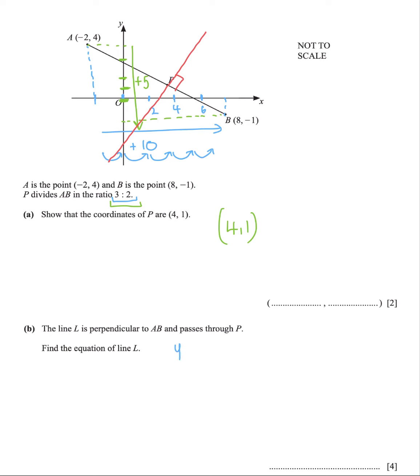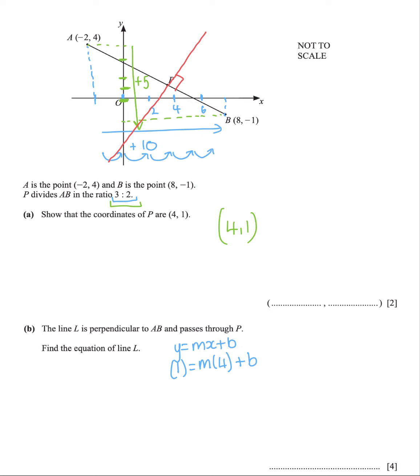We know that it's a straight line, so this is the formula I'll be using. I know that it goes through P, which is 4, 1. So I can substitute those into my y and x values, but I still need to find the gradient in order to find B.